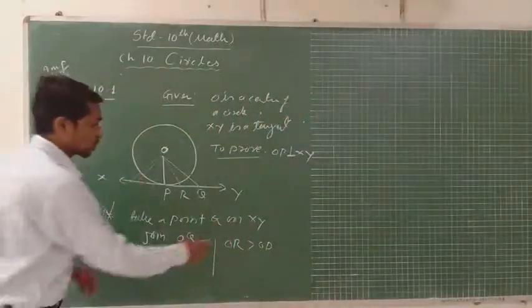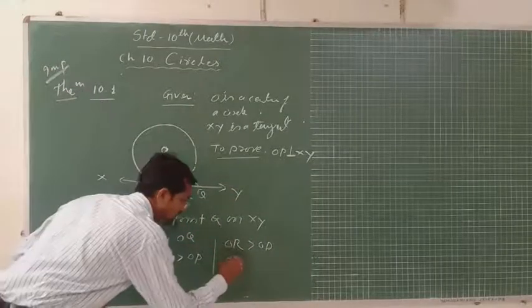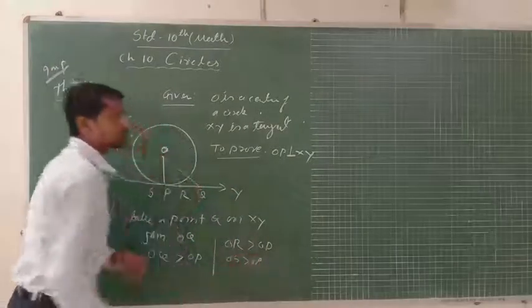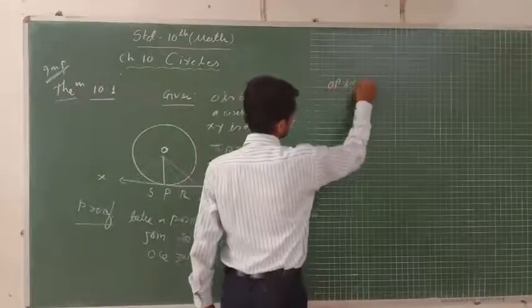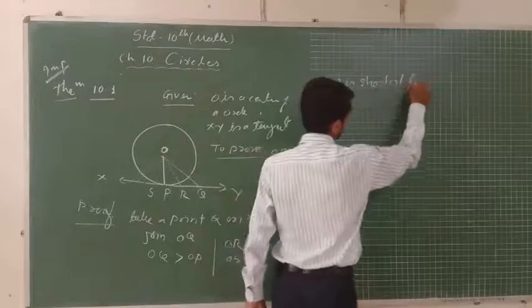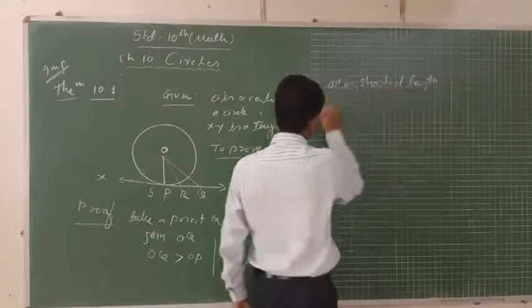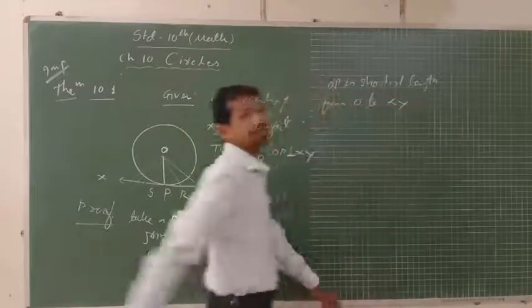So therefore OR is more than OP. Suppose we take here the point S. So OS is also more than OP. Means what we conclude here is that OP is the shortest length from O to XY.